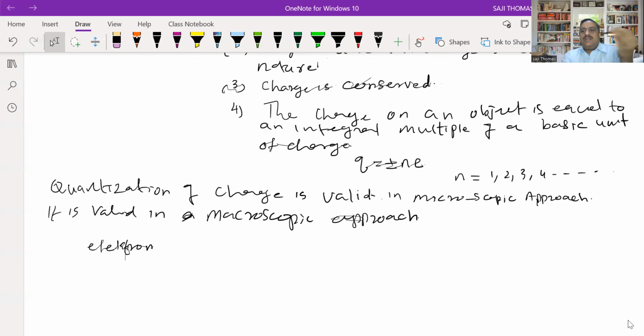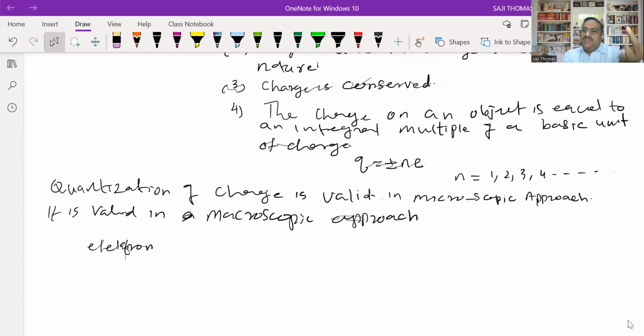When glass rod is rubbed with the silk cloth, the glass rod appears positively charged. Silk appears negatively charged. So what happened when you rub? Due to the frictional force, some of the electrons are transferred from one object to the other object.